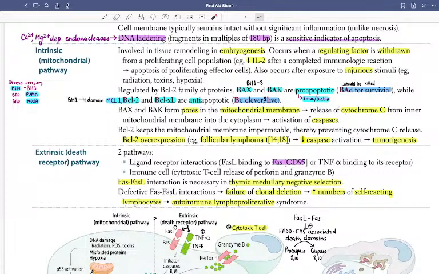Stress sensors are BIM and BAD. We start with the BCL2 family proteins, BH1 to 3, that is BAX, which is pro-apoptotic. BAK and BAX are all pro-apoptotic, so bad for survival.